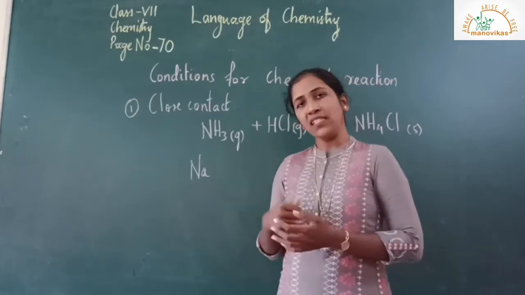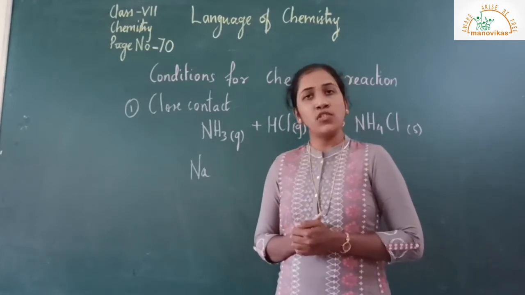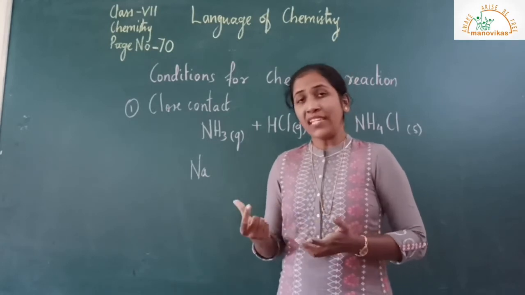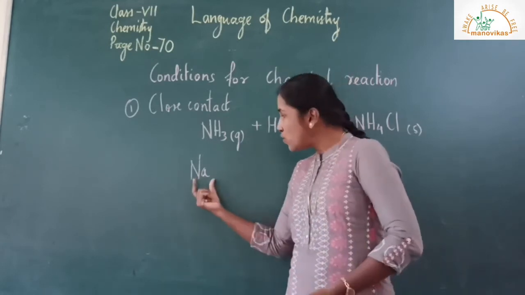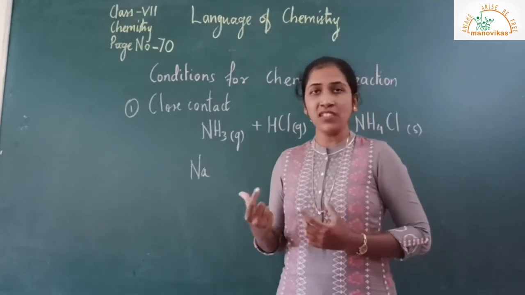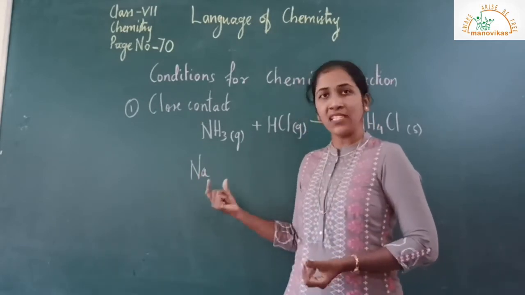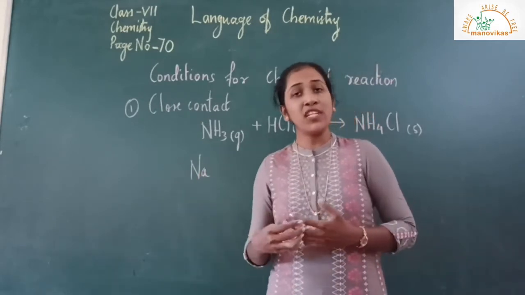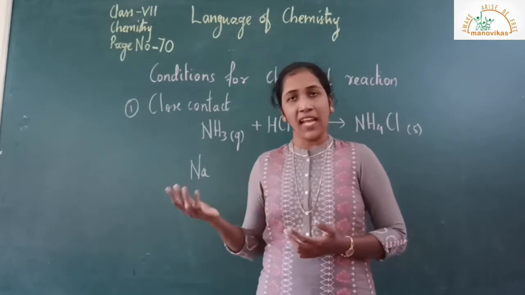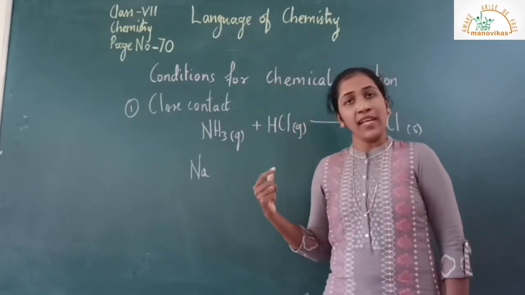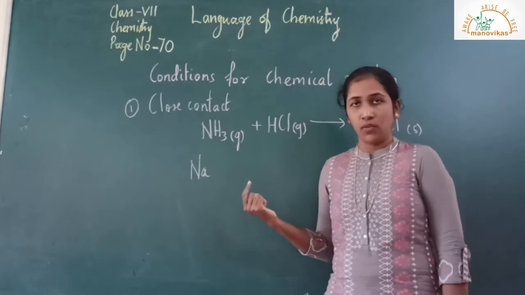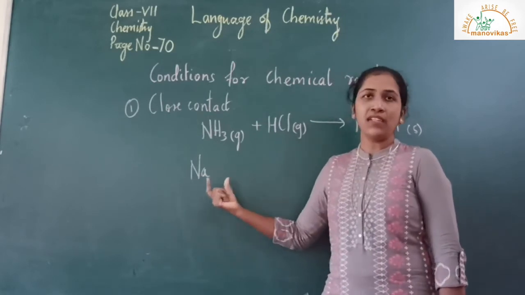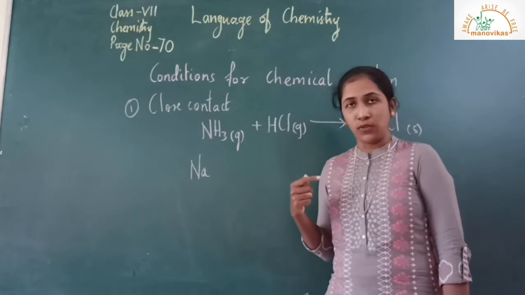So the sodium is stored in kerosene. In this case, the sodium shows the spontaneous reaction. That is, when two reactants come in contact, a spontaneous reaction takes place, and you obtain an explosive mixture. Therefore, the sodium metal is stored in kerosene.